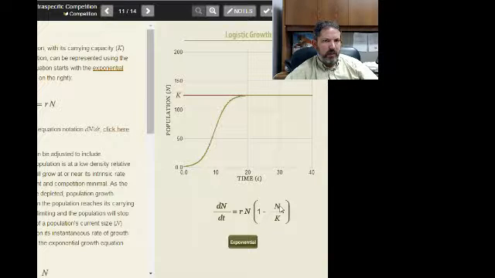Let's say n is 1 and k is 1,000. So 1 minus 1 1,000th is 0.999, so this term times almost 1.